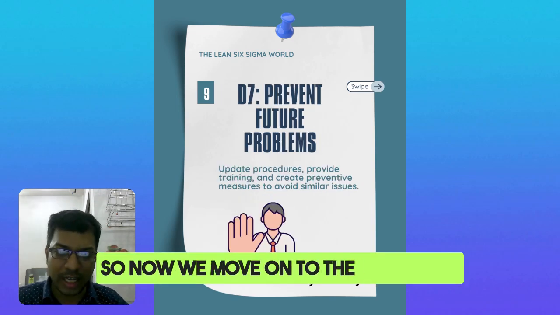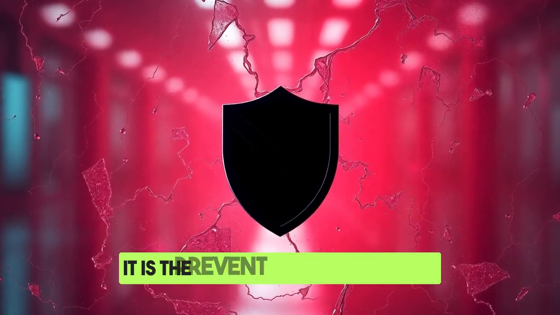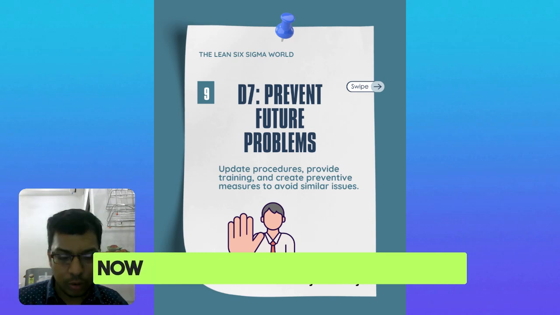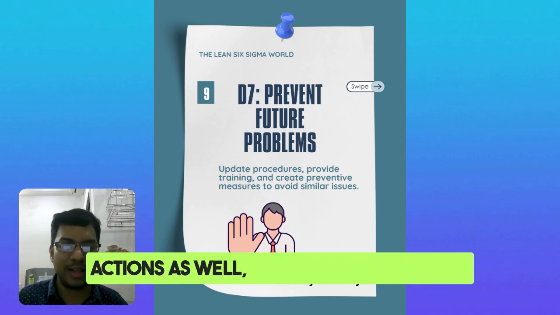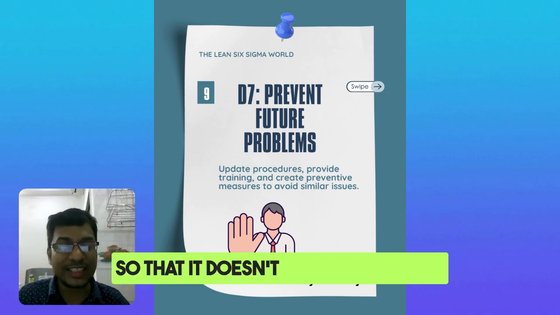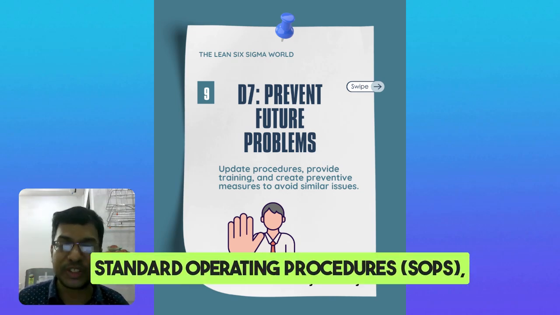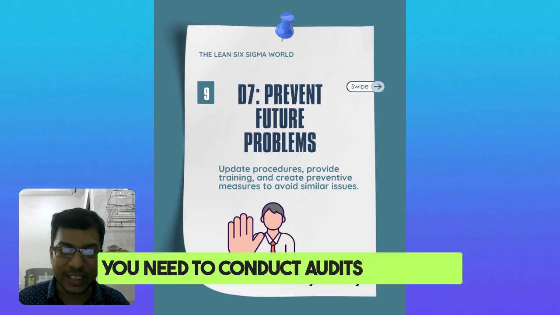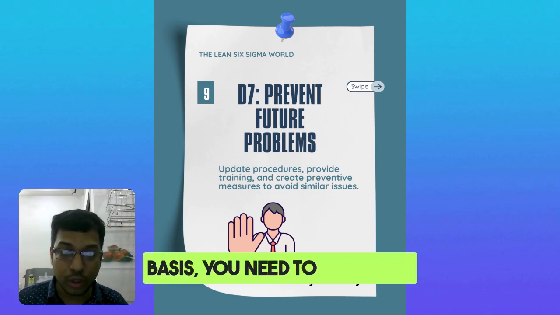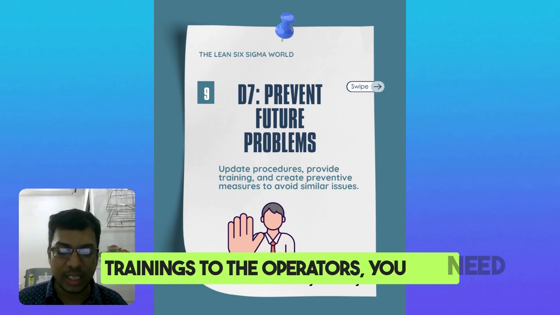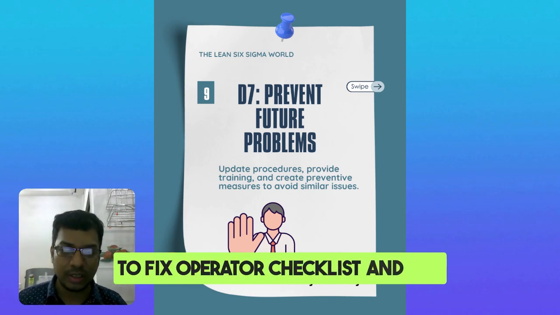So now we move on to the next slide, that is D7. It is prevent future problems. Now you have implemented corrective actions as well, but you need to ensure that it doesn't happen in future. So for that you need to do certain things, like develop standard operating procedures, SOPs. You need to conduct audits on a timely basis. You need to give some training to the operators. You need to fix an operator checklist, and you need to monitor that.